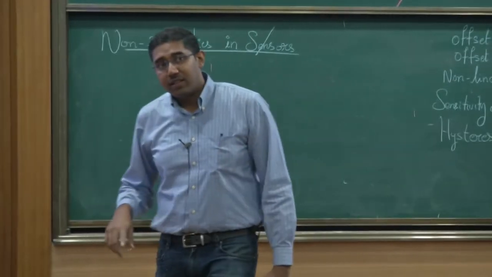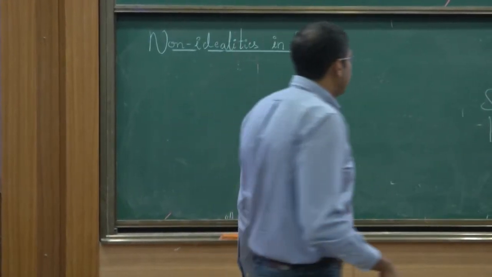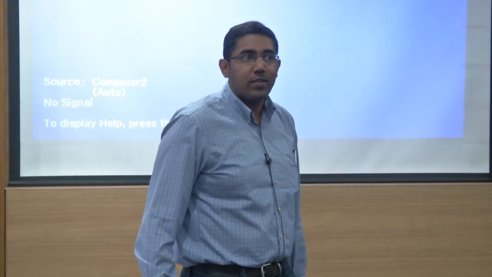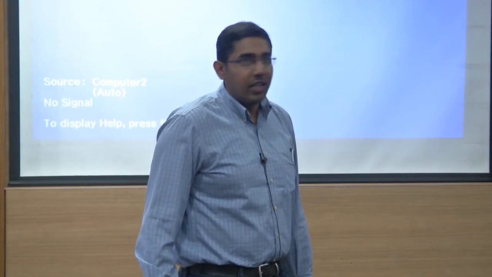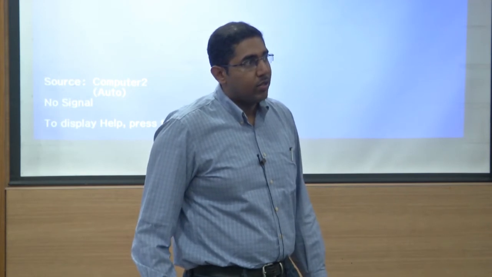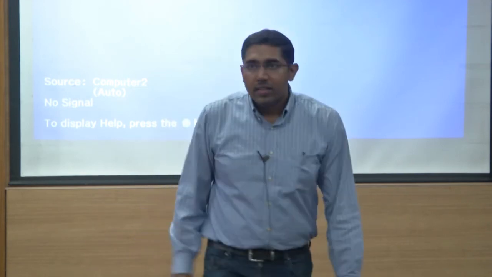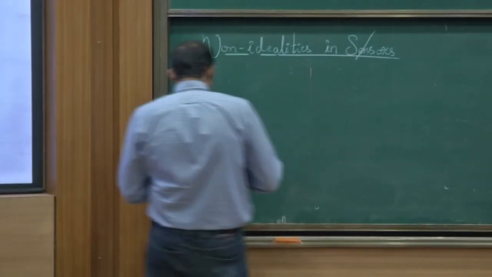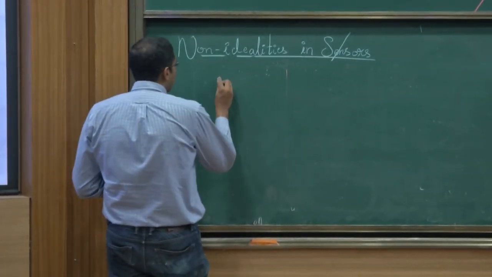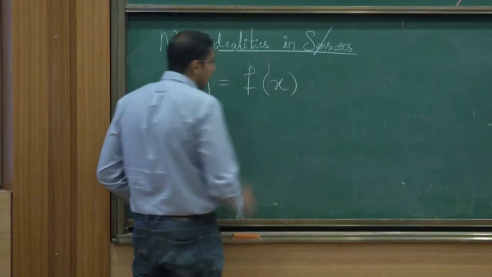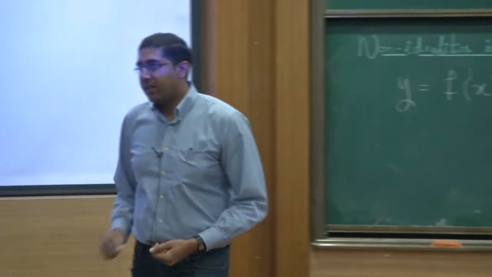There is only... y is only a function of x. Do you see a problem with that? No? Yes. So what we said was that y is only a function of x, right?